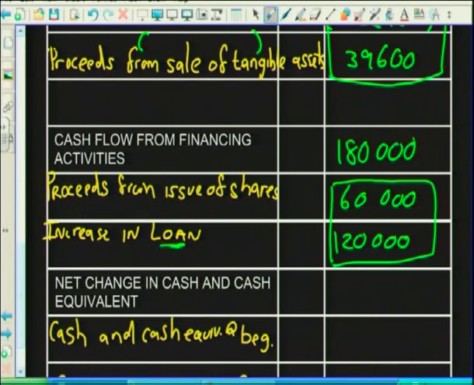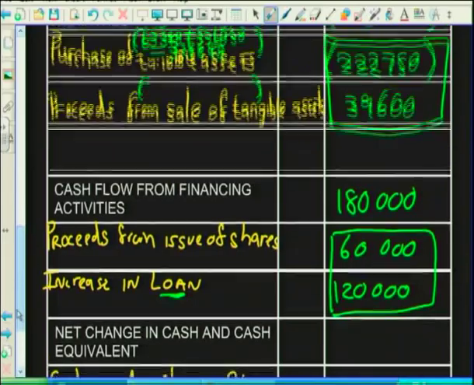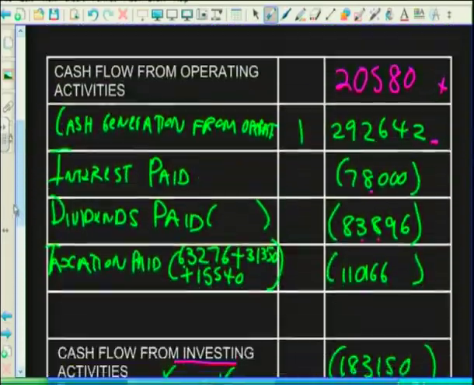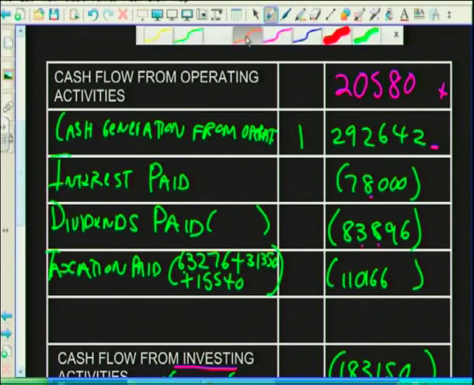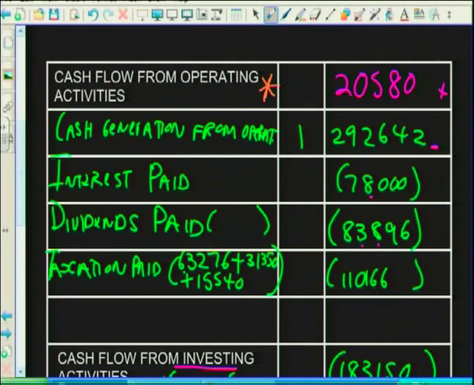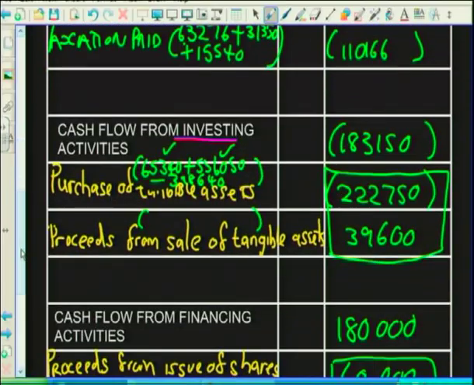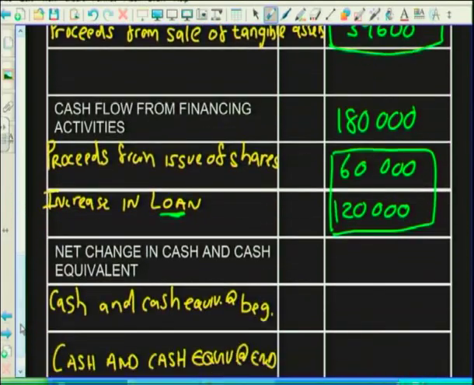Right guys, ready now to calculate your net change in cash and cash equivalent. Let's just quickly change the color of our pen. We are taking our cash flow from operating activities, which was a positive amount, then your cash flow from investing activities, which obviously was a negative amount, and then our very last item, cash flow from financing activities.